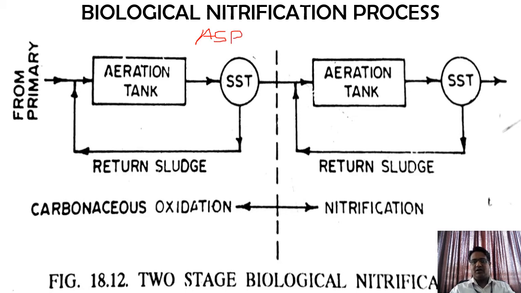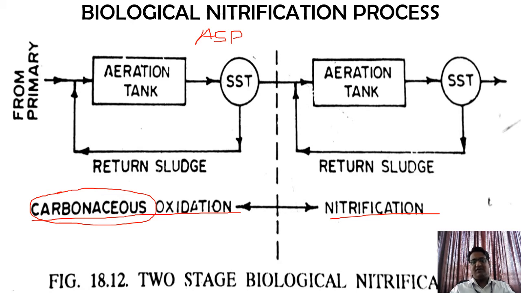The first thing they have shown is carbonaceous oxidation, and next is nitrification. Why these two are coming out, I'll explain. The carbonaceous matter is usually quite easy for the microorganisms to degrade.